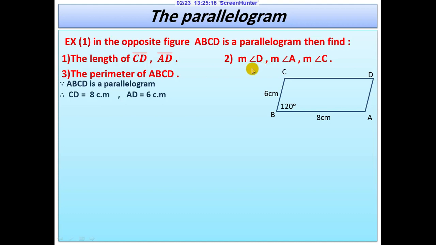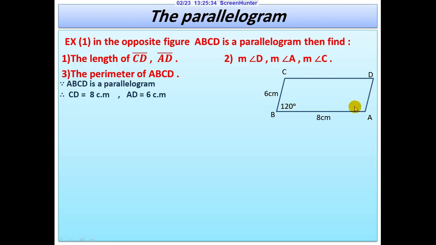How to find the second required? By the same. We can write, therefore, measure of angle D equals measure of angle B, equal 120 degrees, because they are two opposite angles. And how to find the measure of angle A?